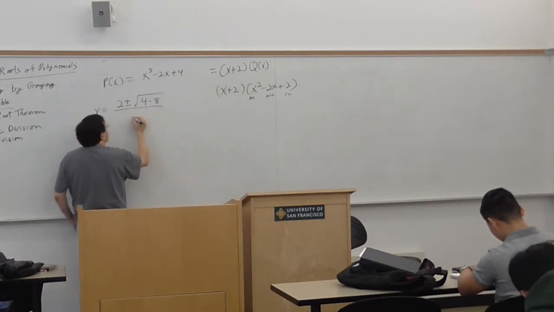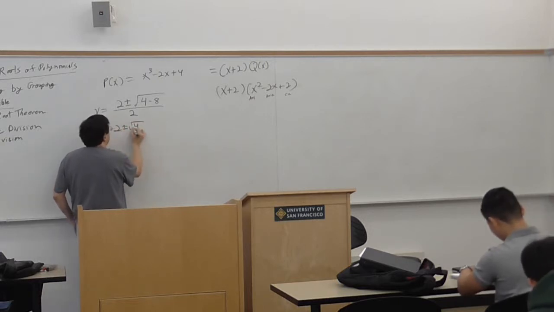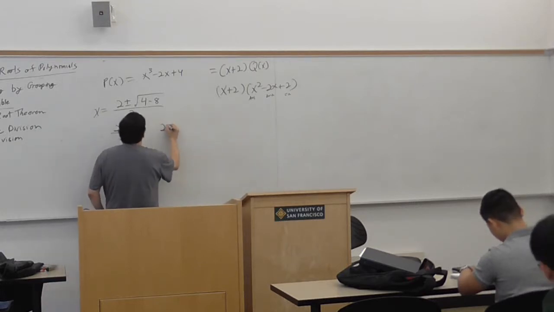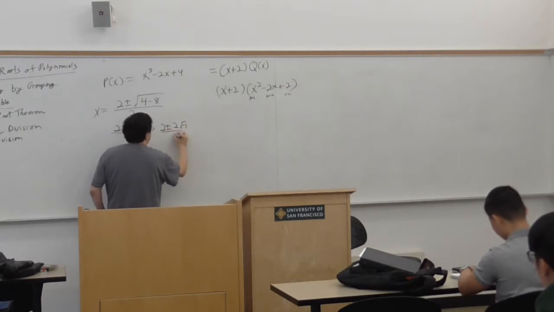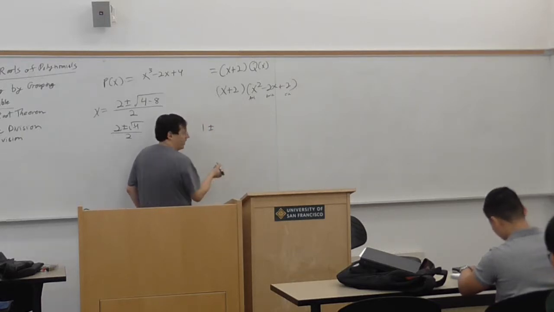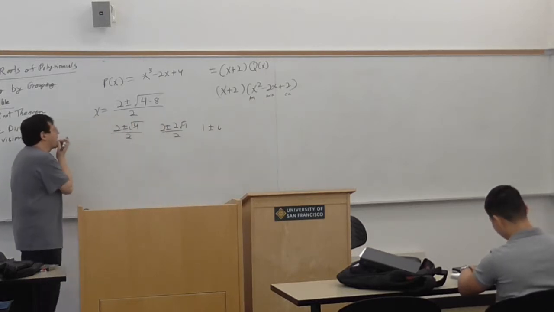That's looking imaginary. All over 2a. Or 2 plus or minus the square root of negative 4 over 2. Or 2 plus or minus 2 times the square root of minus 1 over 2. Or 1 plus or minus the square root of minus 1, which is i. Okay?